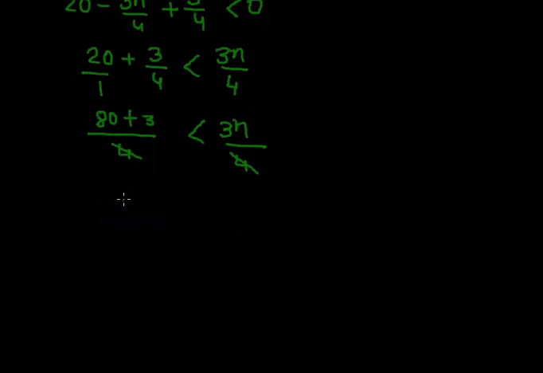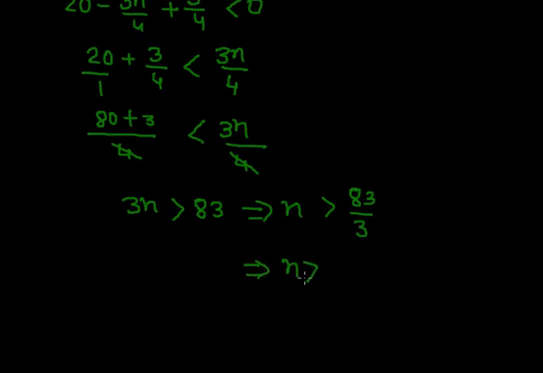We have an expression like 3n should be greater than 83, or I can write it as n should be greater than 83/3, which is n should be greater than 27 2/3.